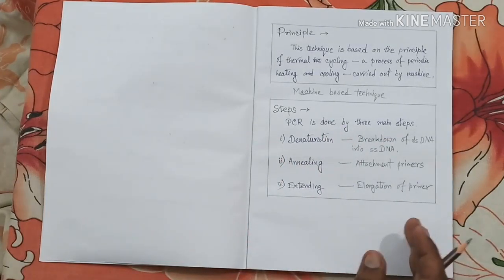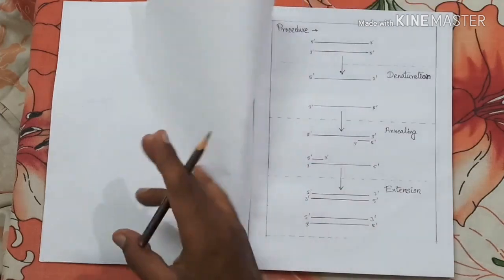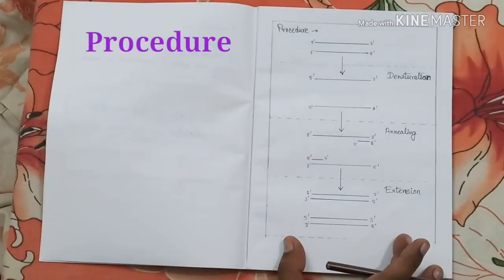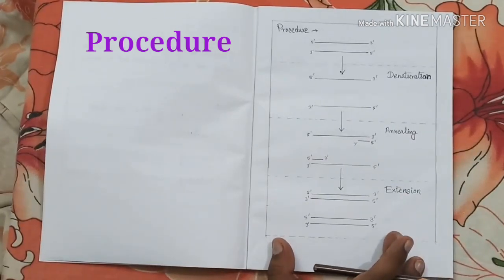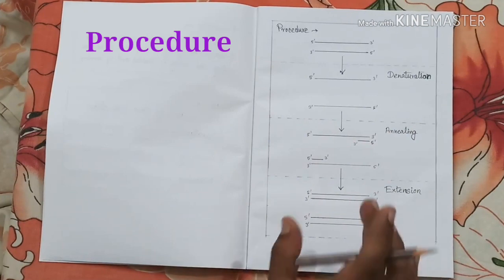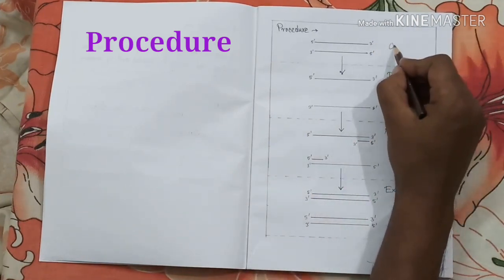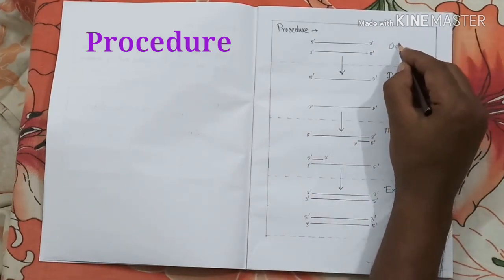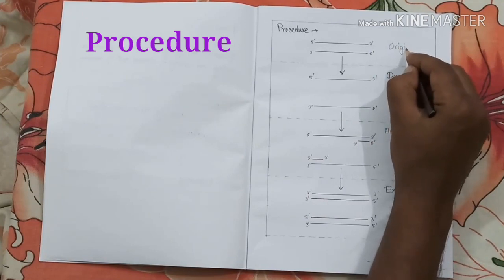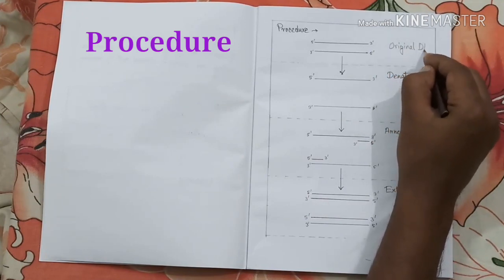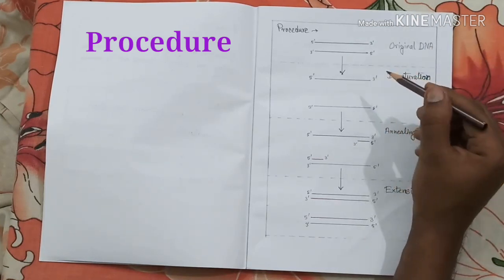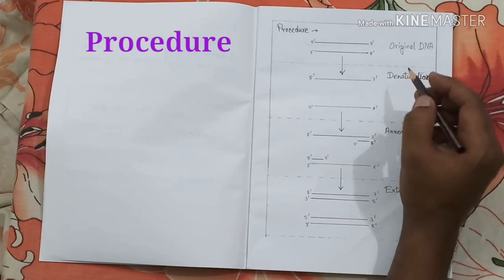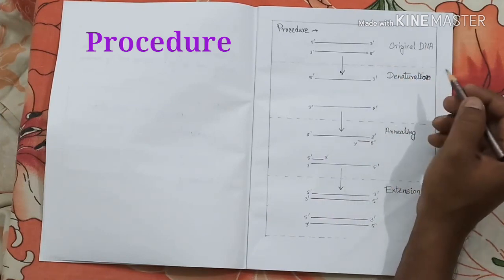Next, we should move to the procedure of the technique. Here is a diagrammatic representation which will help you to understand the entire procedure. Let us start with the procedure. Suppose this is the original DNA we have taken. This is a double stranded DNA. So, at the first step we have to break down this double stranded DNA into single stranded DNA.